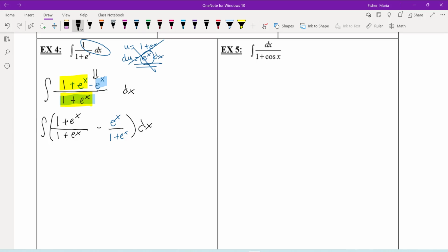Well, why is that helpful? Take a look at that first term, 1 plus e to the x over 1 plus e to the x. If you have the same thing in the numerator and the denominator, that's just going to cancel, and that's just the integral of 1.